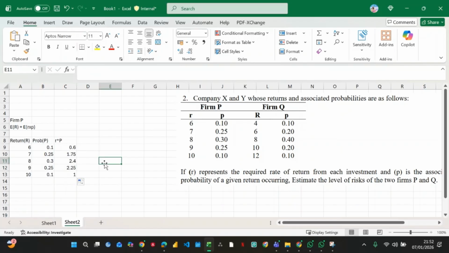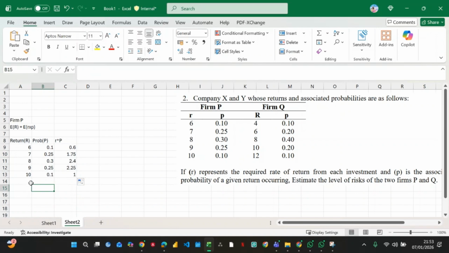Remember that the formula is E, the summation of R times P. Now that we have R times P, sigma means summation, so all we need to do is add them all together: 0.6, plus 1.75, and so on. Add it all together.